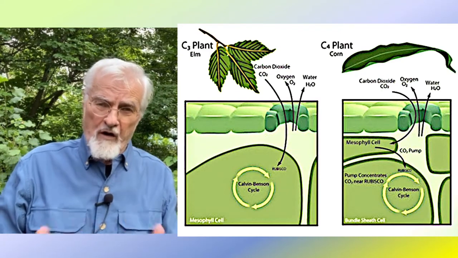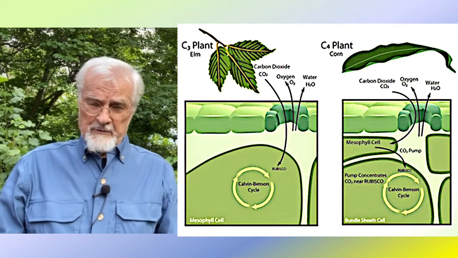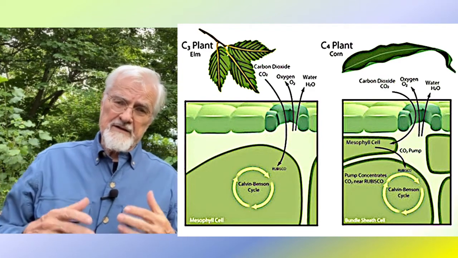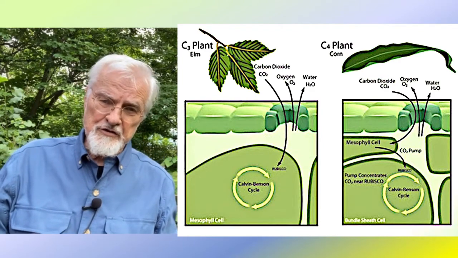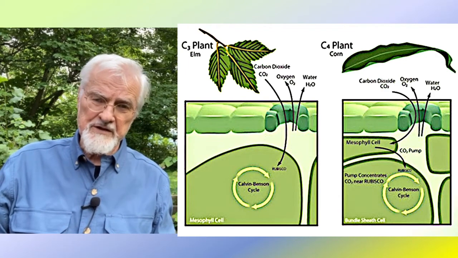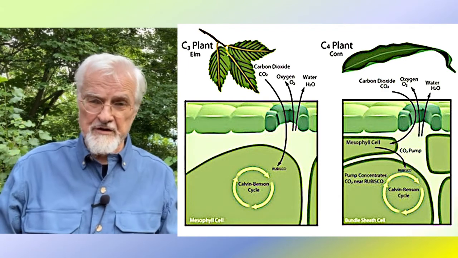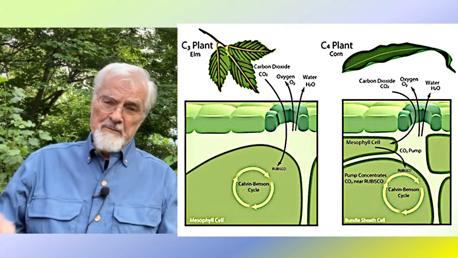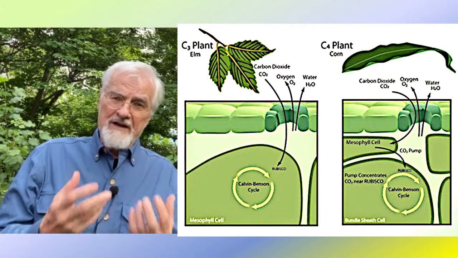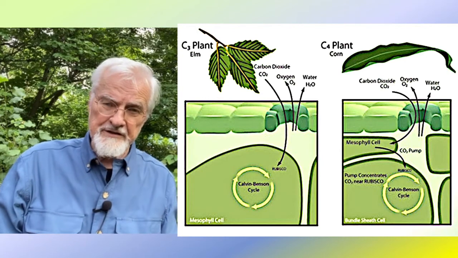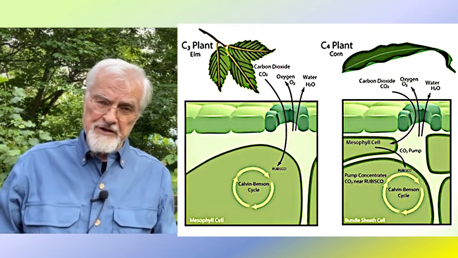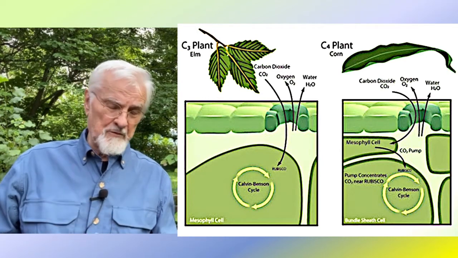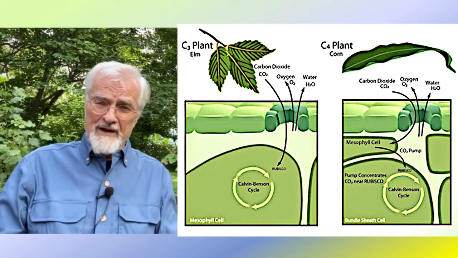In the C4 operation on the right here, the carbon dioxide comes into the leaf and oxygen also comes into the leaf, and in the mesophyll cell, these intermediate compounds are created that get shunted into the bundle sheath cells, which is where the Calvin cycle actually operates.